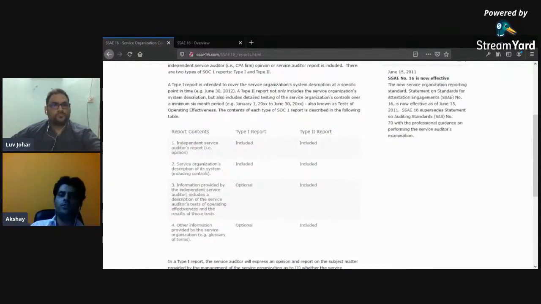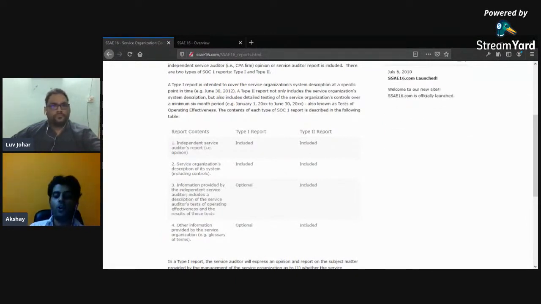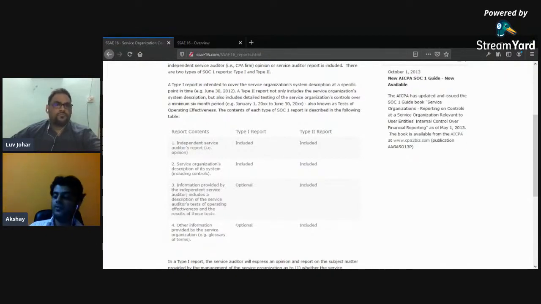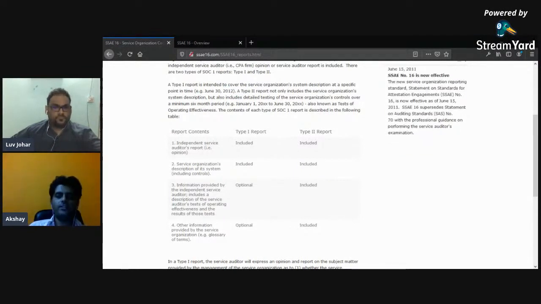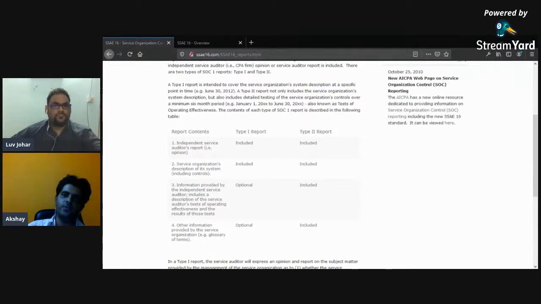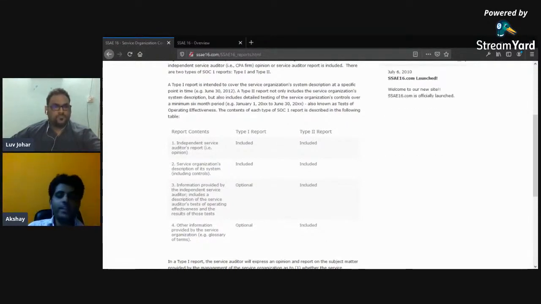There is a framework out there, there's a methodology out there. It all depends on what your user entity's or customer's concern or requirement is. Ultimately, it's a business enabler. If they have assurance, then they can continue to get services from you, and through these reports, you can also attract potential customers or user entities as well.